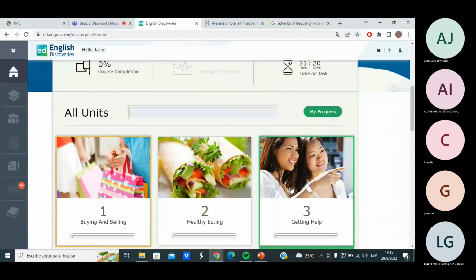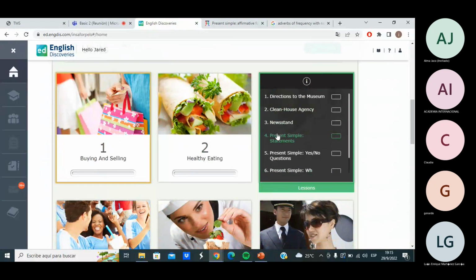Okay, this is the topic. Simple present or present simple is the same, but we're going to start to talk about that topic. And so you can make the exercises later on.